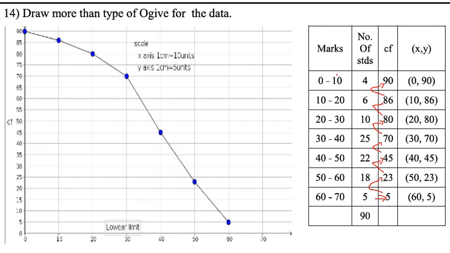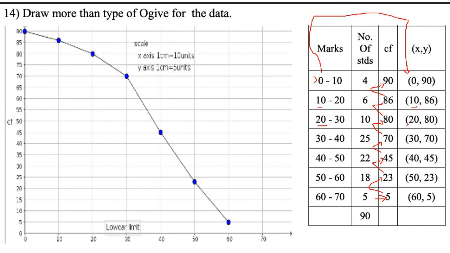Here we have to get more than. So for more than, the lower limit must be taken as x coordinate. So this is 0, 90. Then lower limit is 10 comma 86.